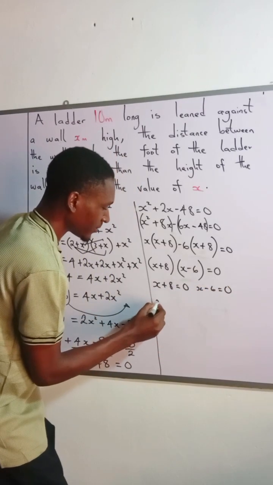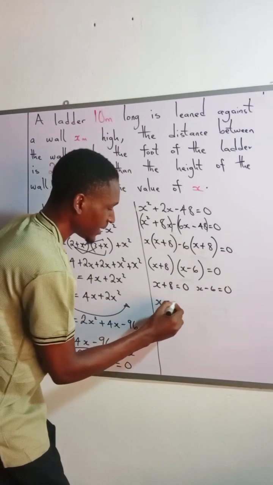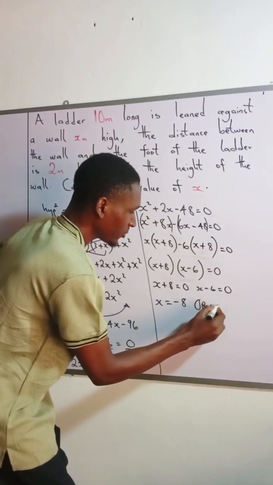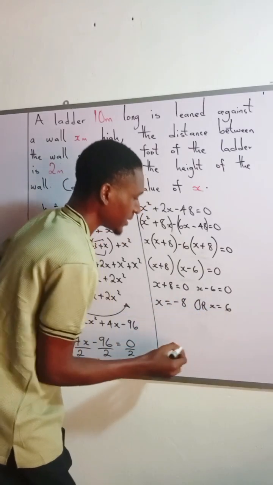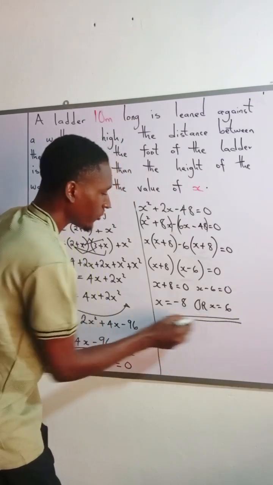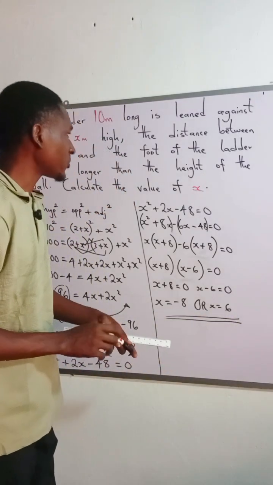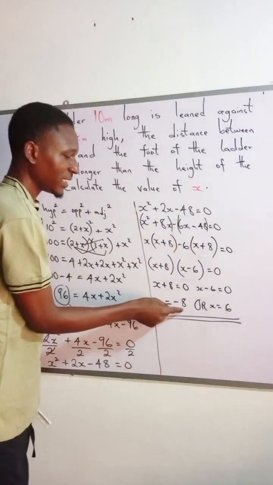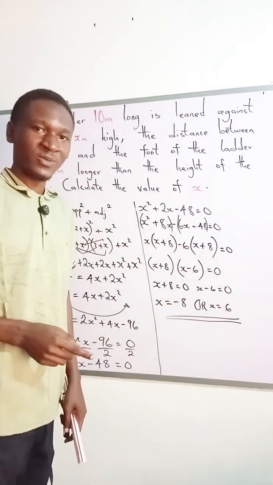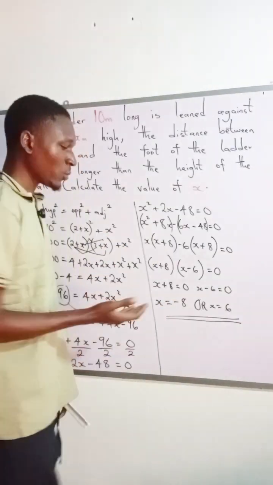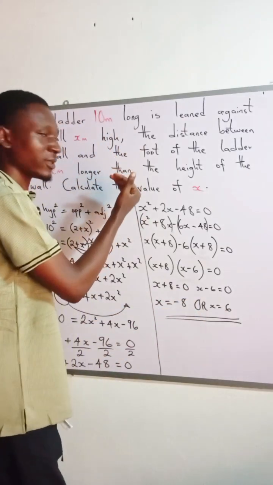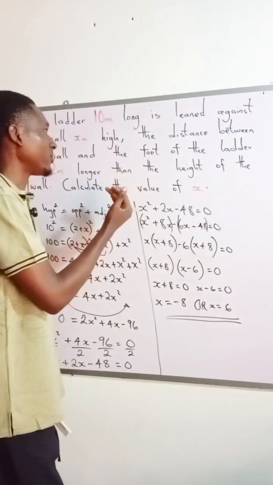And when you collect like terms, x can either be minus 8 or x would be plus 6. For the purpose of this question, the distance x cannot be a negative value. So we have two different possible answers depending on the solution you are looking for.